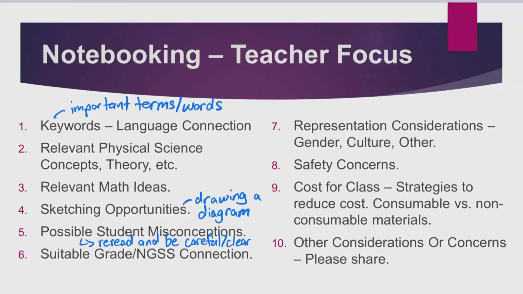So when you're thinking about possible student misconceptions, if you have written directions that you're providing, it can be important to read through them and think, do any of these words have other meanings? Or could the meanings possibly not be clear? Reread and be careful and clear with directions.